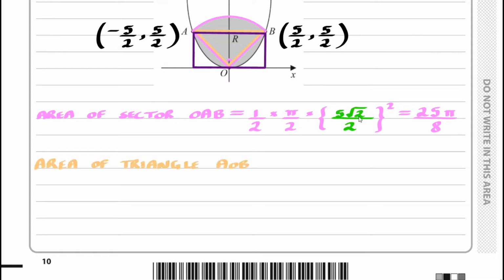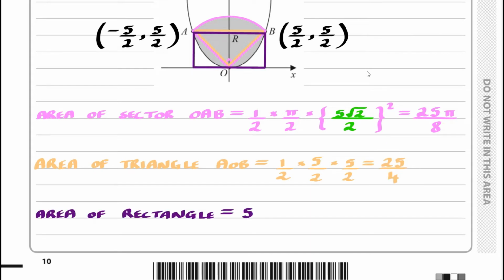We can work out the area of the triangle AOB, that's equal to 1/2 times by the base times by the height. So we have 1/2 times by 5/2 times 5/2, which is 25/4. Then we've also got the area of this rectangle, which is 5 times by 5/2, which is 25/2.